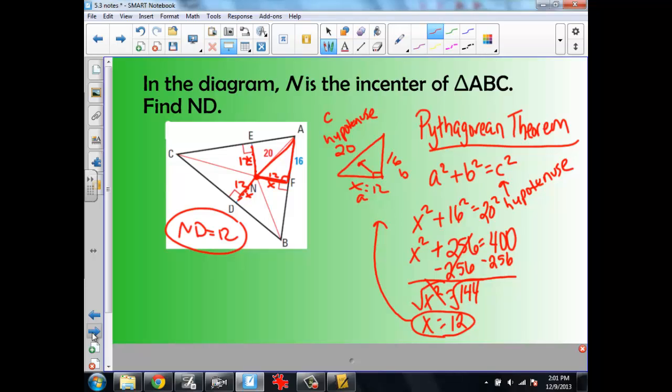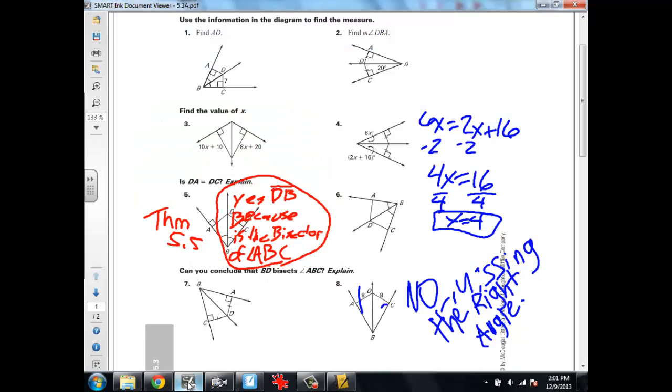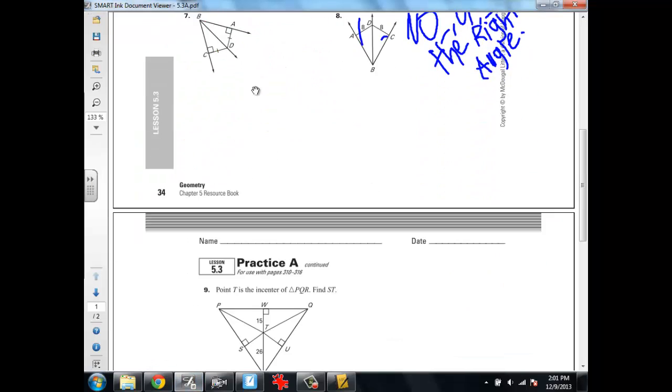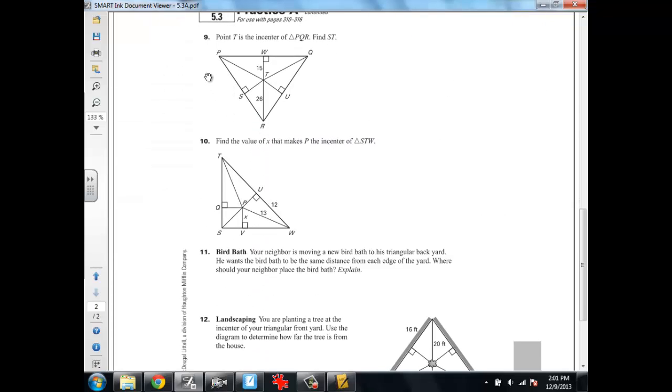Let's go to your homework sheet. Back here. The back side. Number 9. Point T is the incenter of triangle PQR. Find ST. ST is the same as what?